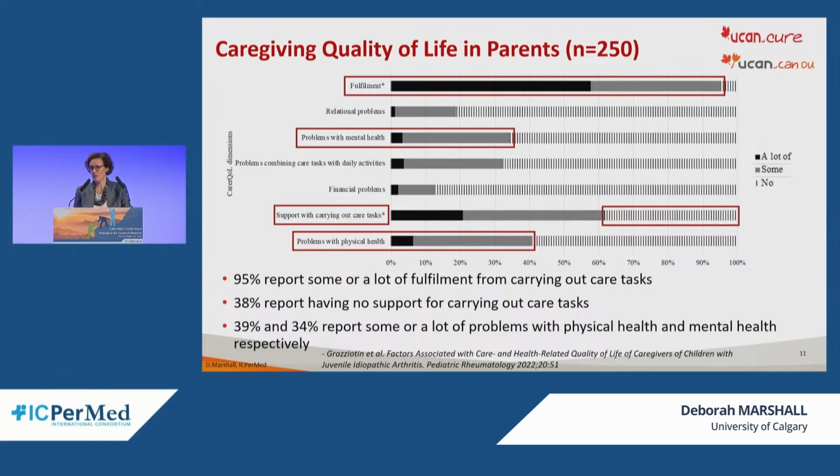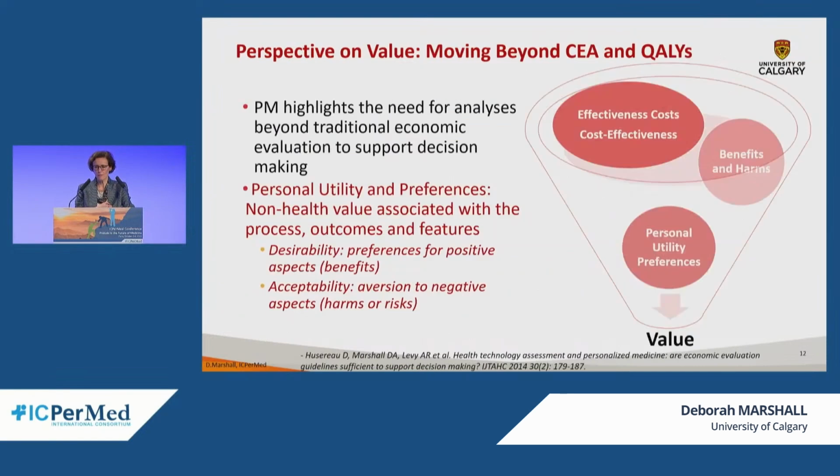So obviously this is a burden. And about a third, again, report some or a lot of problems with their physical and mental health. So there is this burden, and I hate to use that word, but I'm afraid that is how it is referred to in the literature. There is an impact on the caregiving quality of life for parents.